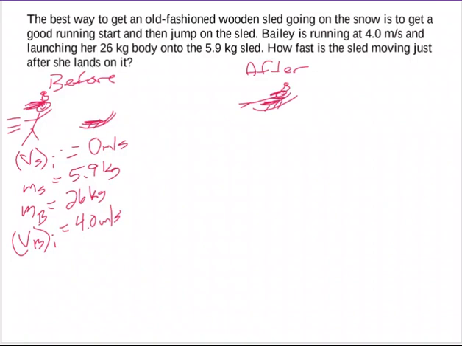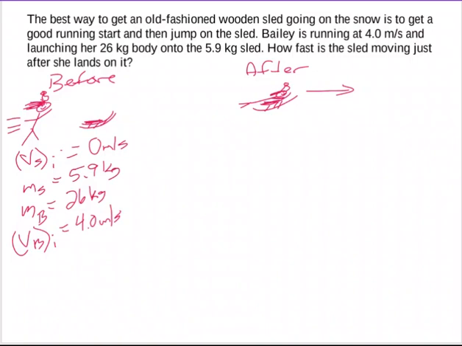Dang, she looks like a witch on a broom from that picture. What? No, it's clearly a sled. All right. See? Now she's going really fast. All right. What do we know? We don't know velocity final or anything like that.